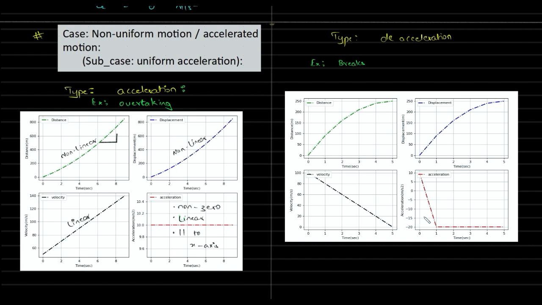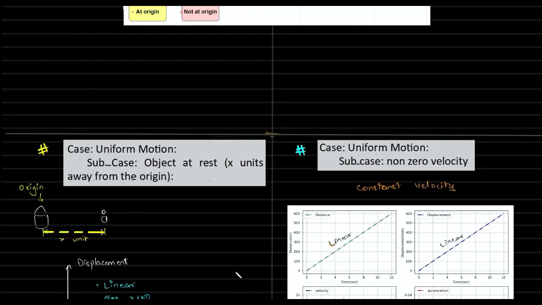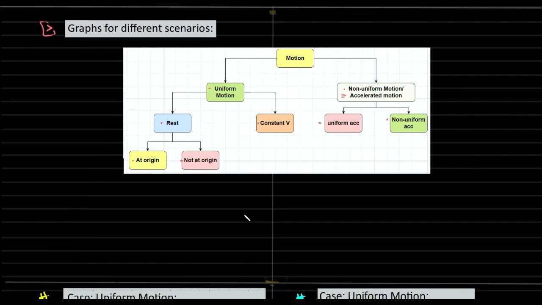So your velocity is decreasing, and basically this is non-linear, non-linear, this is linear, and this is also linear. Same thing, just that the values are negative. So here the value is negative and this is positive. Right? So this is positive and this would be negative. So this is your graphical representation of few of the cases of motion.